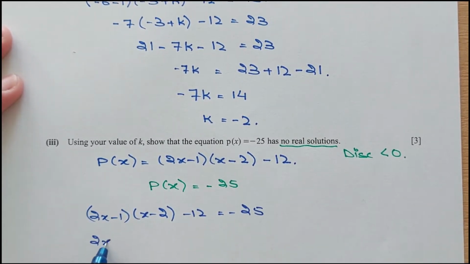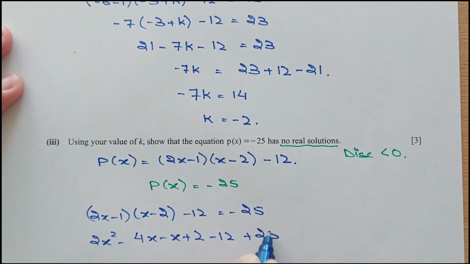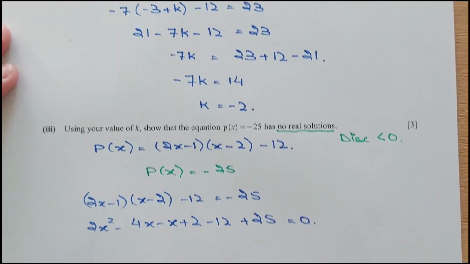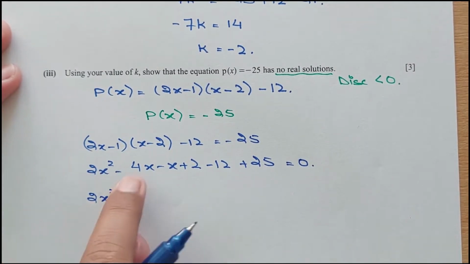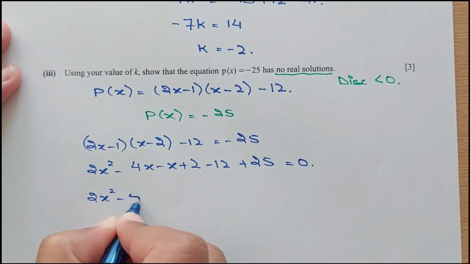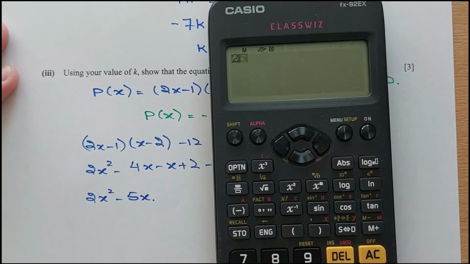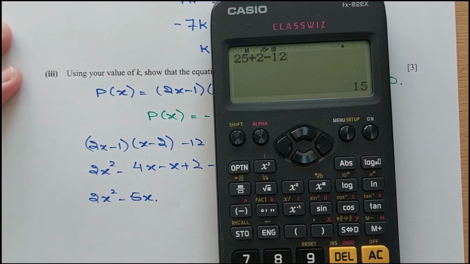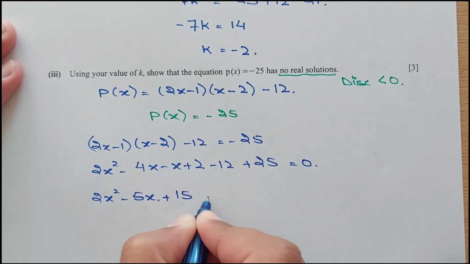So 2x square minus 4x minus x plus 2 minus 12 plus 25 equals 0. Here we have 2x square, and the x terms are minus 4 minus 1, minus 5x. 25 plus 2 minus 12 is 15. So plus 15 equals 0.